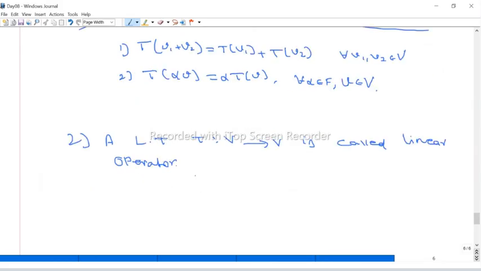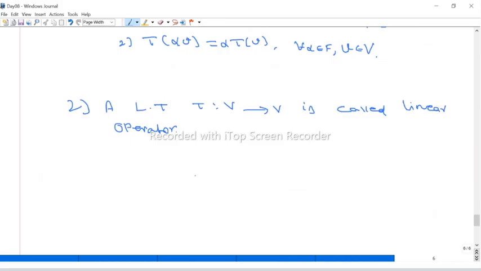Since F itself is a vector space over F, the next definition: a linear transformation T from a vector space over the field F to F is called a linear functional.